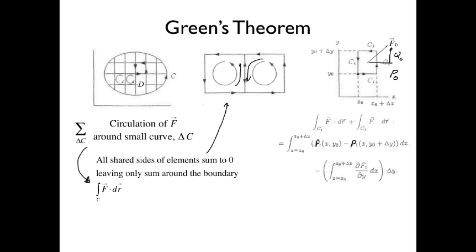All right, and so then what is this? If you notice, this is how much P changes with respect to Y. We have a change in Y from here to here. So when we take the difference of this P minus this P, we're really looking at how much the line integral from there to there changes with respect to Y. So we're really taking the partial of P with respect to Y, dx.